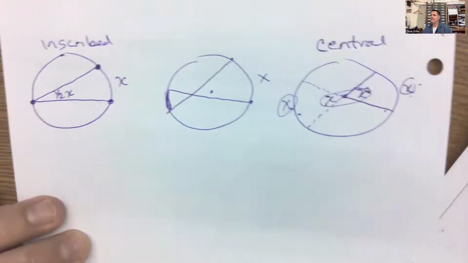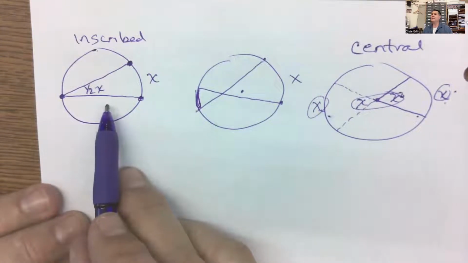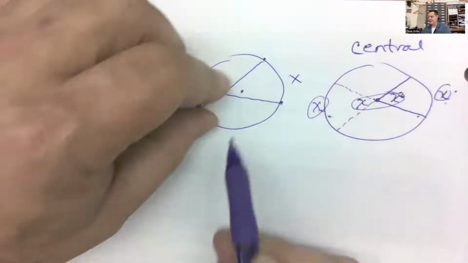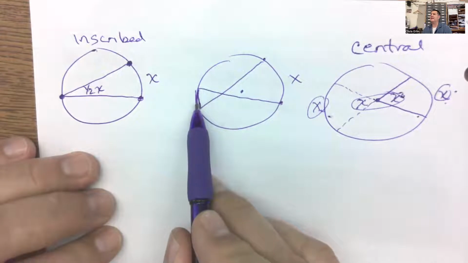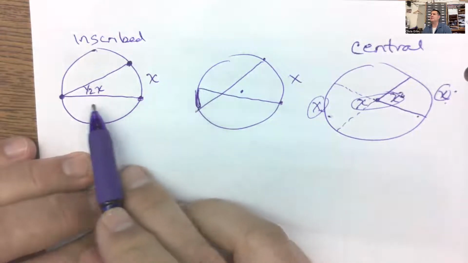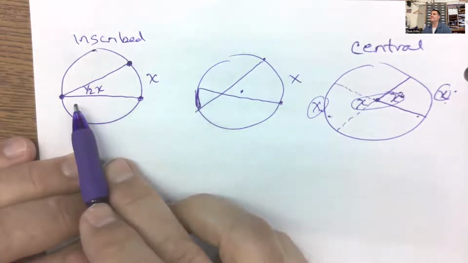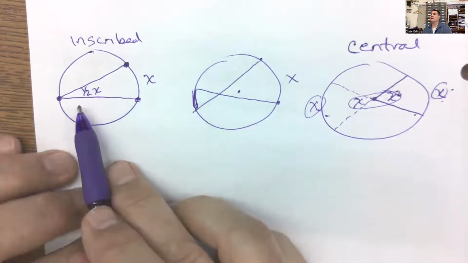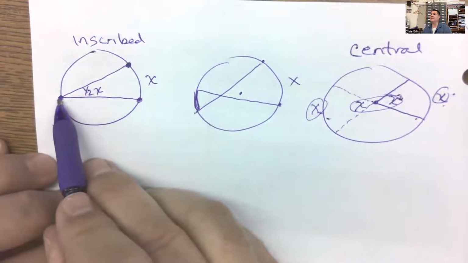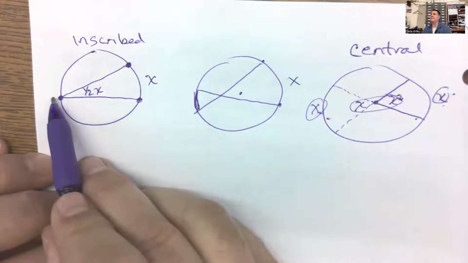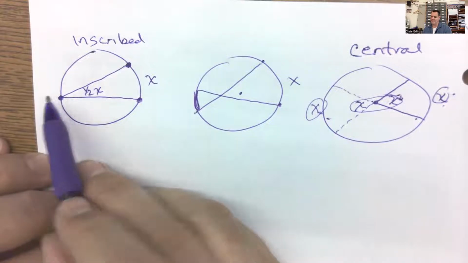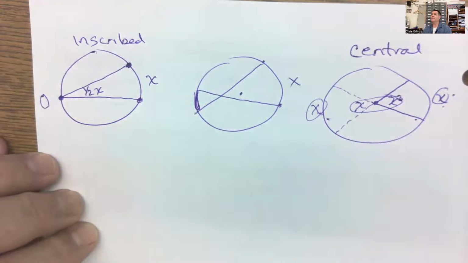Now let's come look at the inscribed angle. As I pulled it back, this other arc back here gets smaller or larger as I continue to pull it back towards inscribed. Smaller. When it reaches this point, what is the size of the arc over here? 0. We've pinched it away, haven't we?